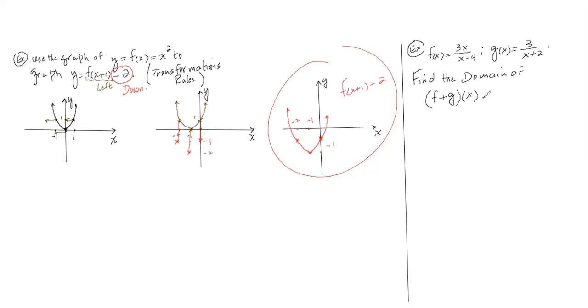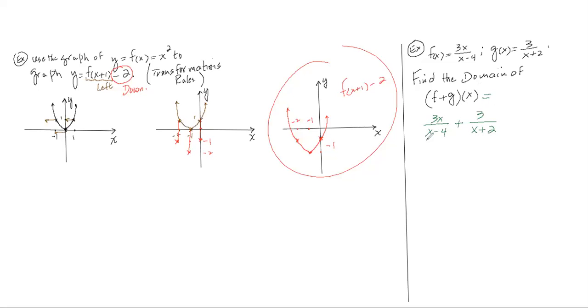Okay, so here I would write this as 3x over x minus 4 plus 3 over x plus 2.